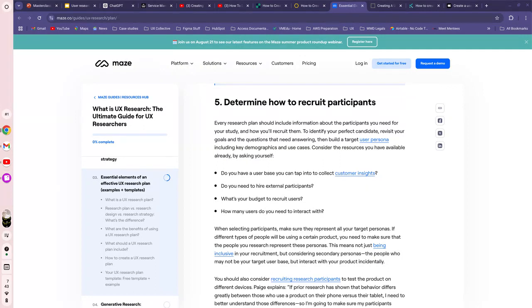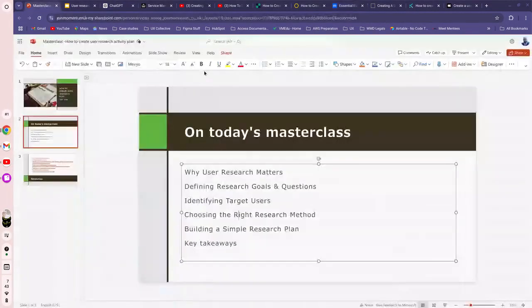However, if your user research method, let me go back to my slide for a moment. If your user research method doesn't quite align with the objectives of your research, you are going to have a problem.